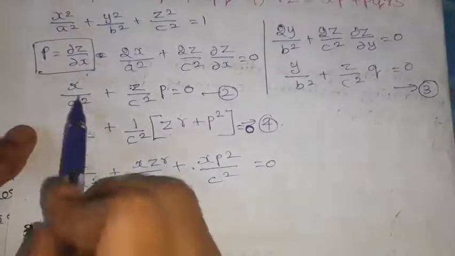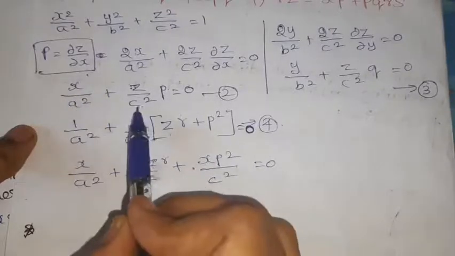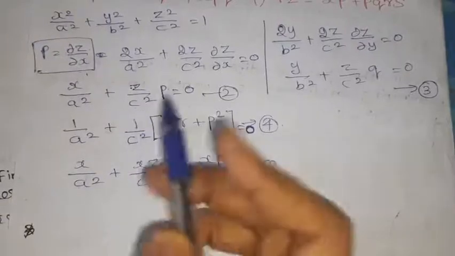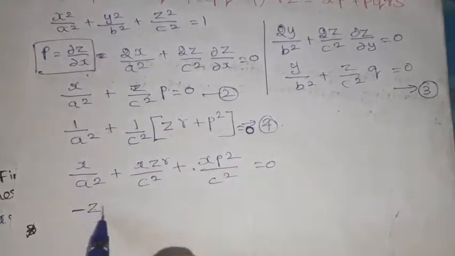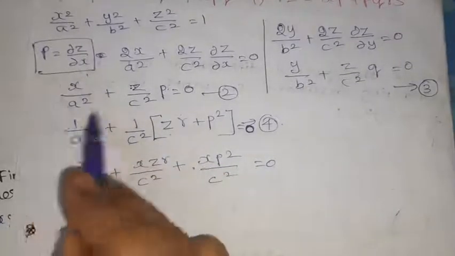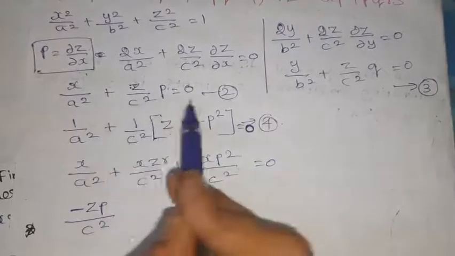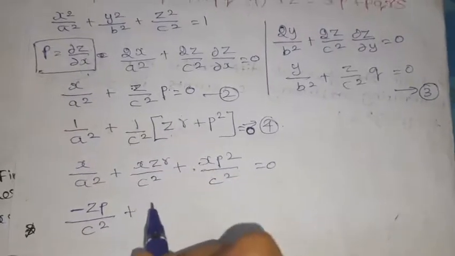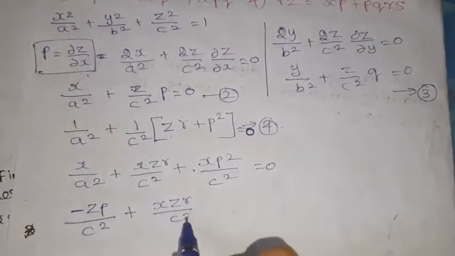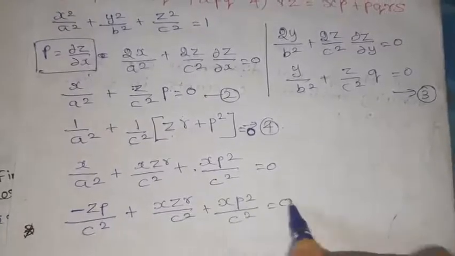From equation 2, what is x by a squared? x by a squared is nothing but minus zp by c squared, right? So substitute that term here: minus zp by c squared. Here the remaining terms are x z r by c squared plus x p squared by c squared equal to 0.